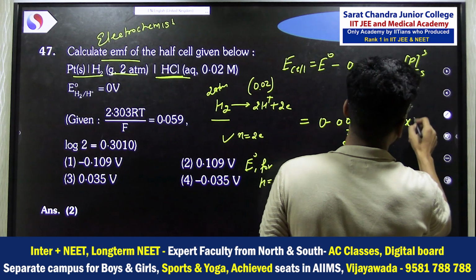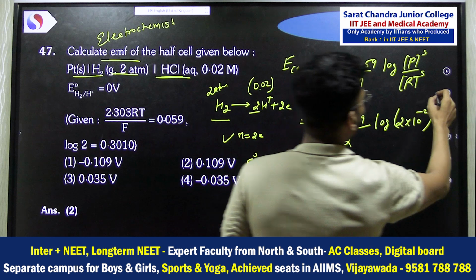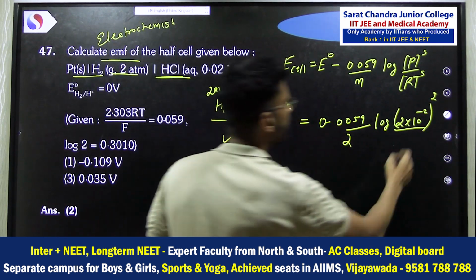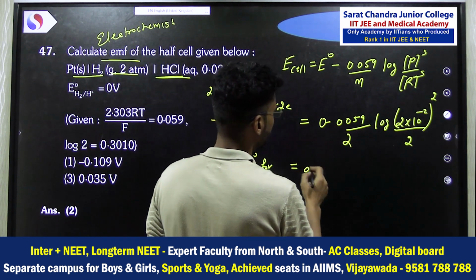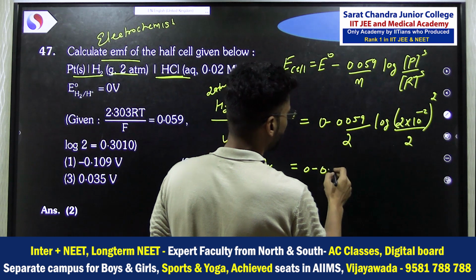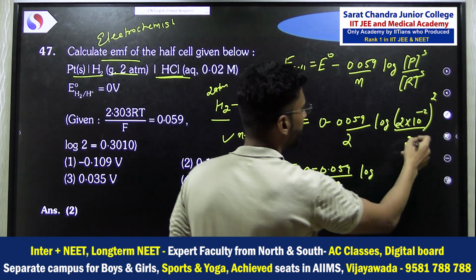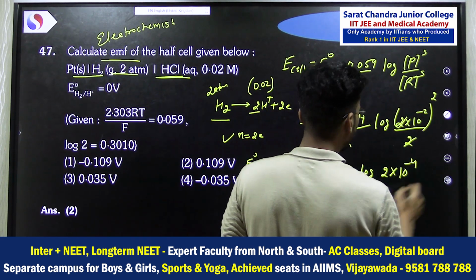Simply I can write 2 into 10 raised to power minus 2, stoichiometry 2, power 2. Reactant is hydrogen gas, pressure is given 2. Simple basic mathematical calculations. So 0 minus 0.059 divided by 2 log of this, 2 and 2 cancel, so you are left with 2 into 10 raised to power minus 4.